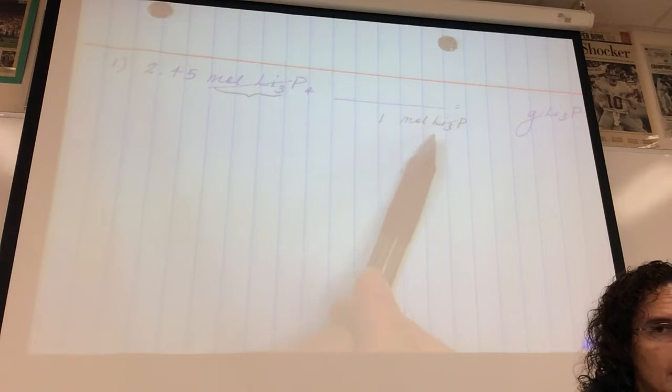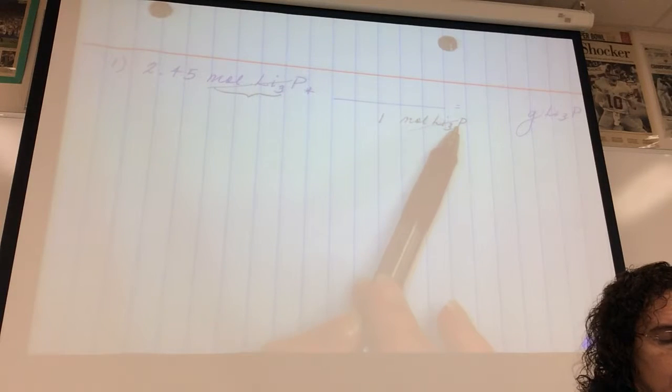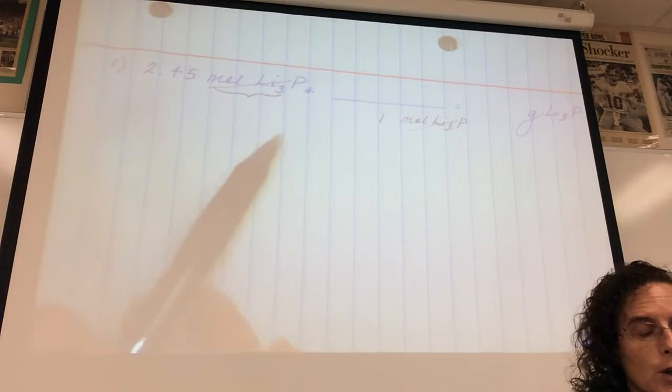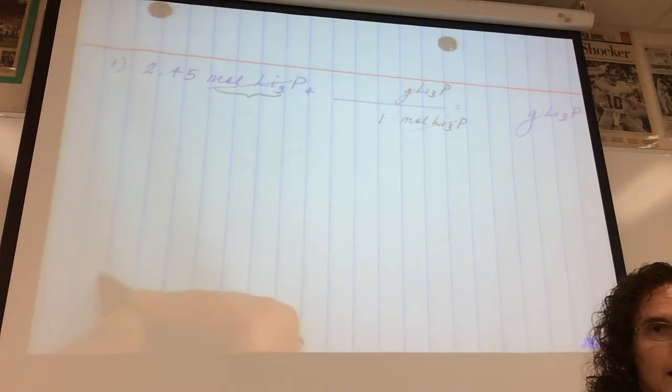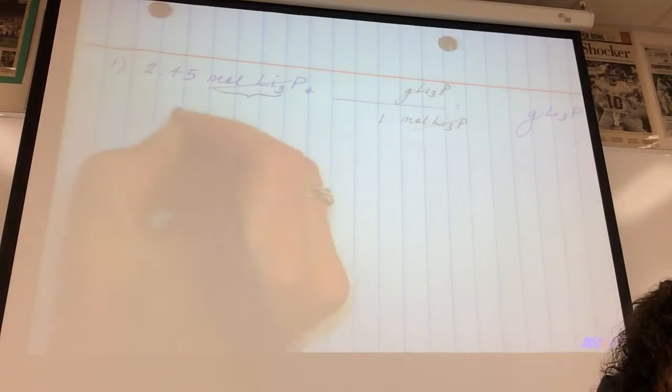So this is an ionic compound, a metal and a nonmetal. So a metallic cation and non-metallic anion. So we're going to need our formula mass right here. And this is what we just learned how to do. So we've got 3 lithium, and we've got 1 phosphorus.